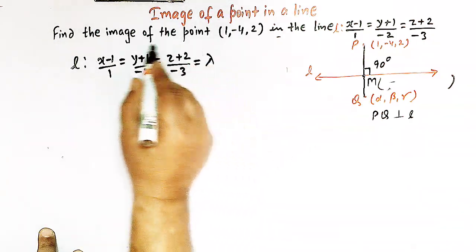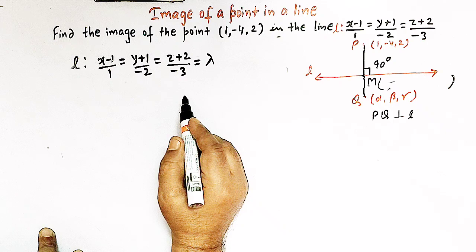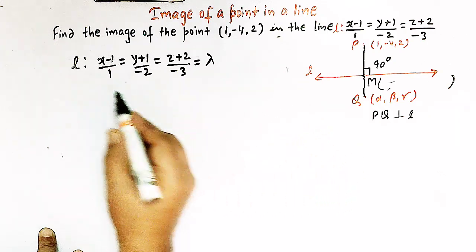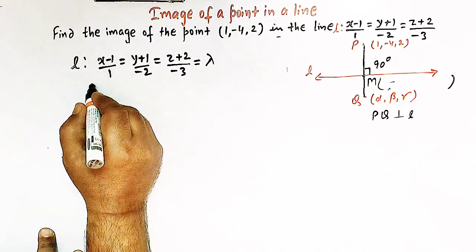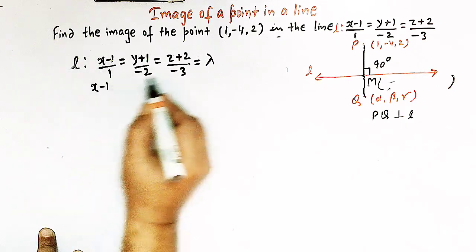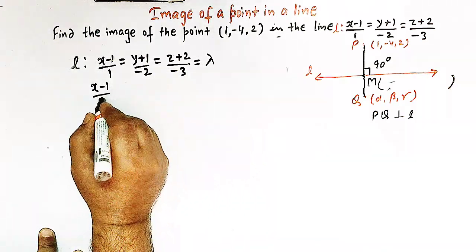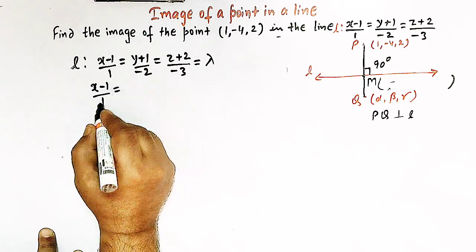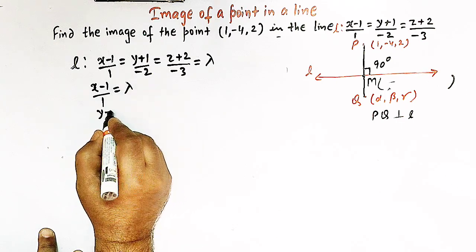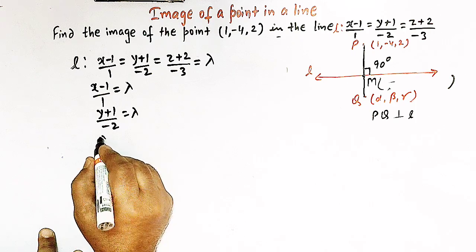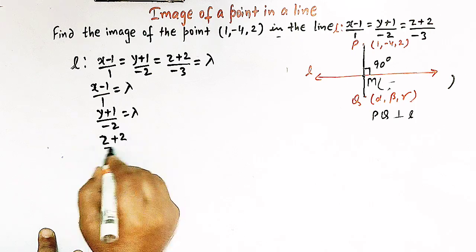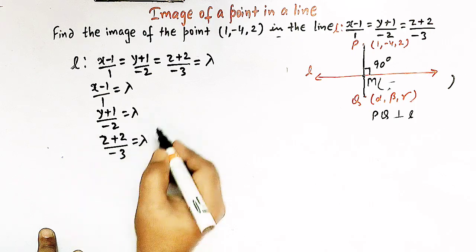So let us use the concept of the general point lying on a line, right? So the coordinates of the point M are now given here in terms of lambda. So (x minus 1) over 1 is lambda, (y plus 1) over minus 2 is equal to lambda, and (z plus 2) over minus 3 is equal to lambda.